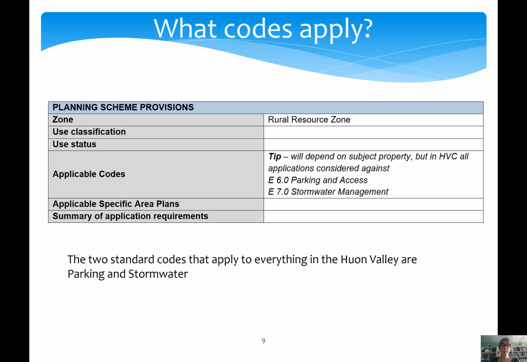So the next part is to look at the zone. We've done that. So this is just to remind you to look at the applicable codes. So this is pretty standard here, parking and stormwater. Yeah, you have to look at the individual application to see what might apply.